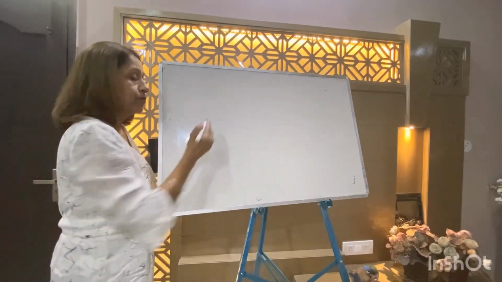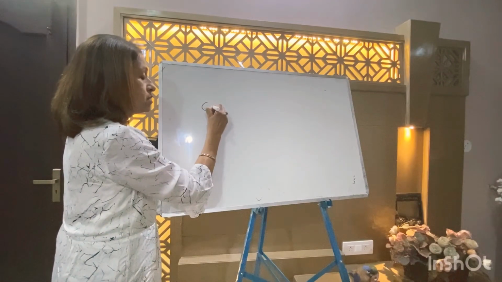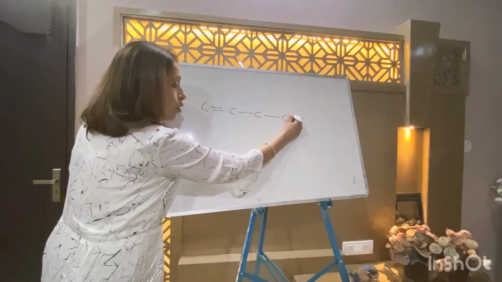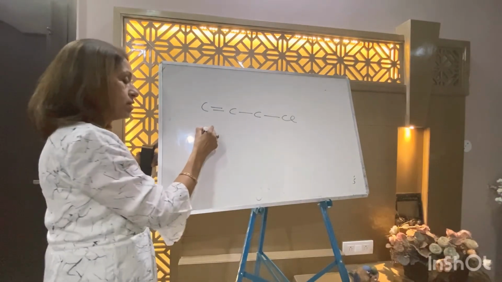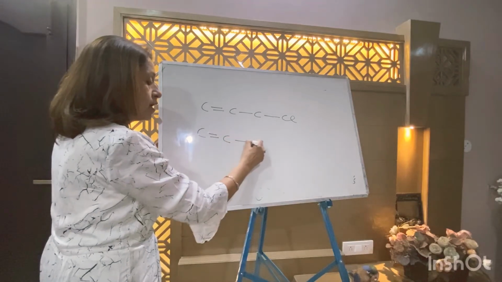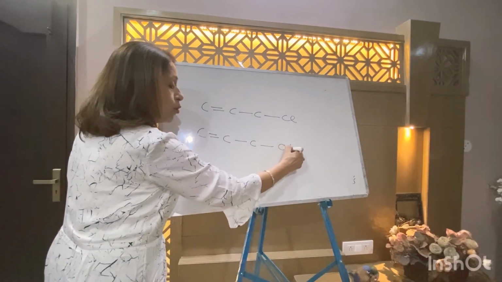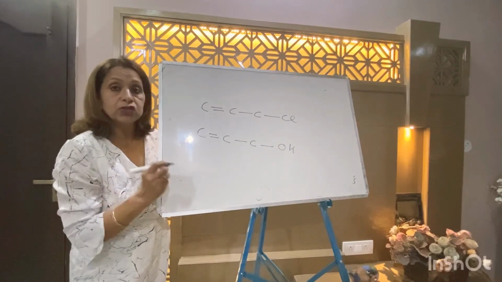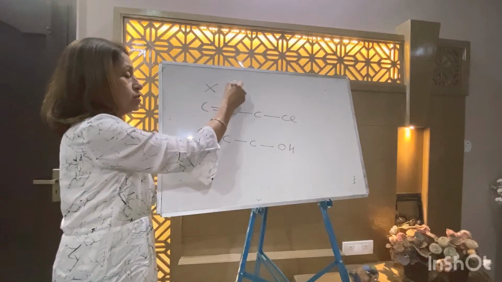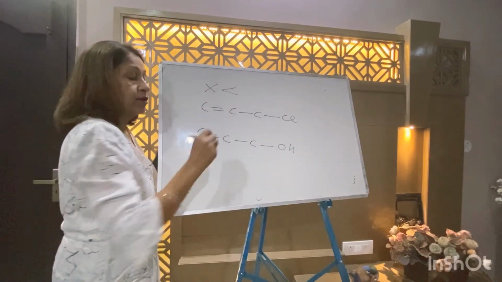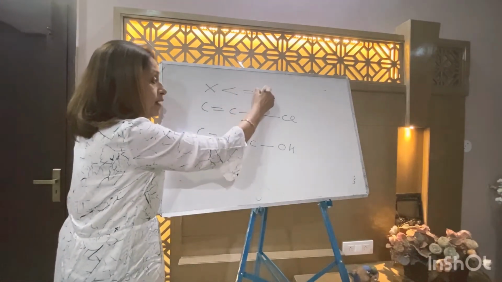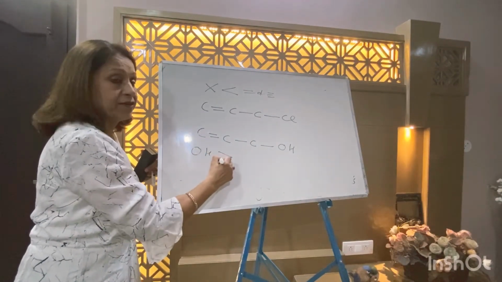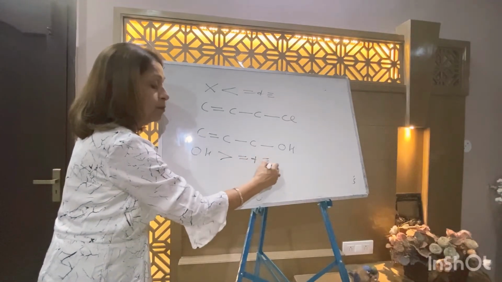Let us start now. We're going to start with C double bond C, single bond C, and this is my chlorine atom. Now I'm taking C double bond C, single bond C, and this is my OH. Now listen to me. Always remember, halogen is less preferred than double and triple bond. But alcohol group is preferred over double and triple bond.